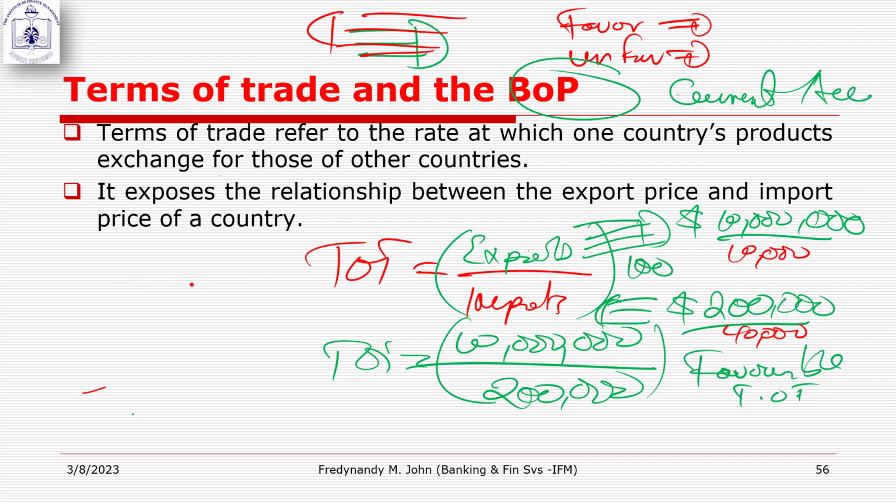In this situation, the TOT is going to be 10,000 by 40,000. So in this situation, you see that you're going to end up with unfavorable terms of trade. Now, unfavorable terms of trade, again, has a negative impact on the balance of payment.